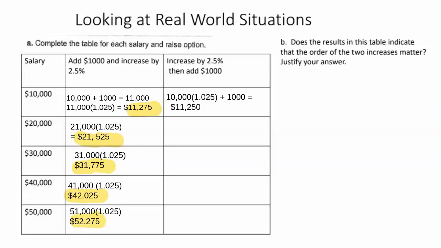I'm taking the number and I'm multiplying first, then I'm adding. Now, as I do that for the next rows, this is going to give me $21,500. Okay. Oh, that's going to go here. Okay, that's here.